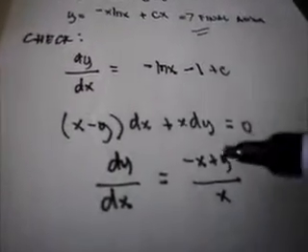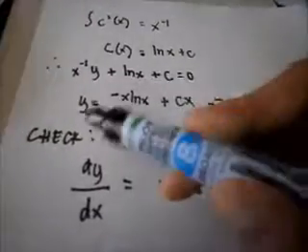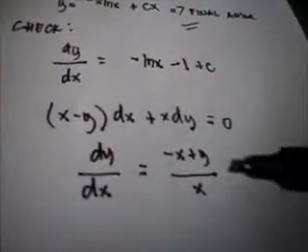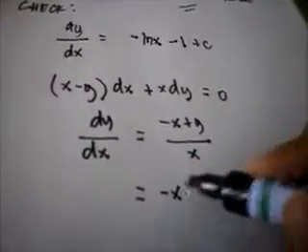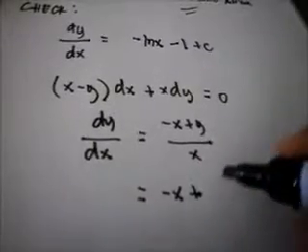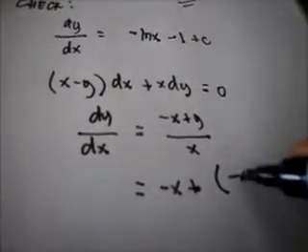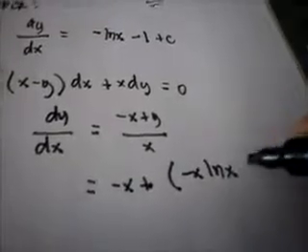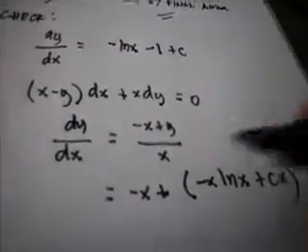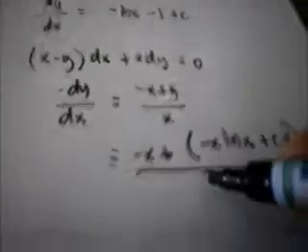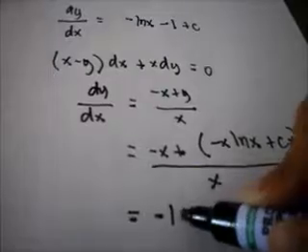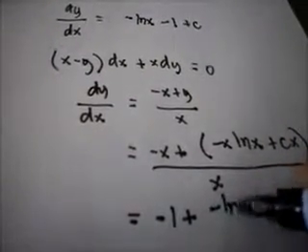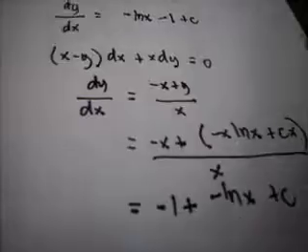What we will do now is substitute our answer, the value of y, negative x ln x plus cx, into our original equation. So we have negative x plus negative x ln x plus cx, over x. And finally we have negative 1 plus negative ln x plus c.